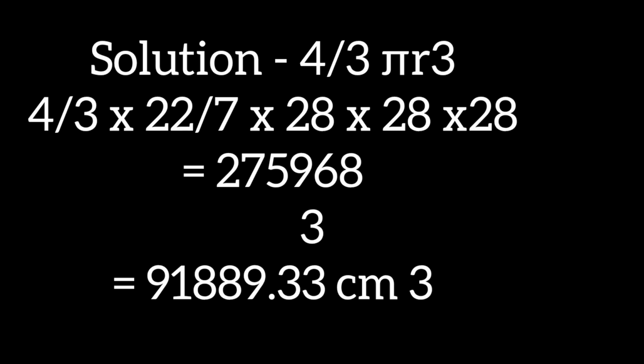Why? Because it is r cube, and our radius is 28, so 28 three times. After solving this we get the answer 91889.33 centimeter cube. Now you have to find: 91889.33 is the cube of which number? Write the answer there.